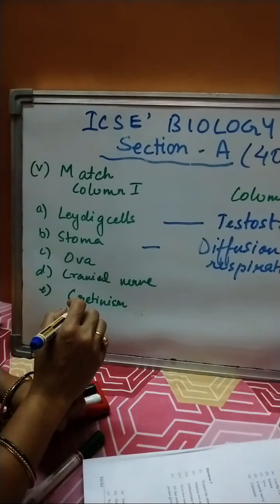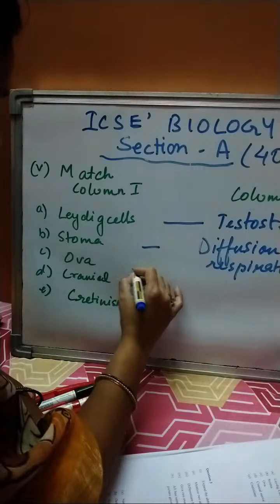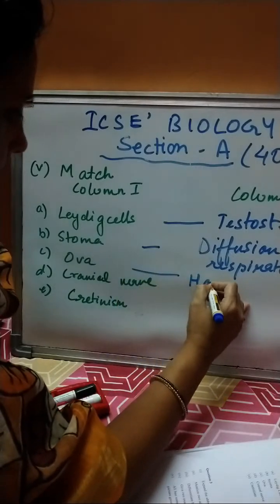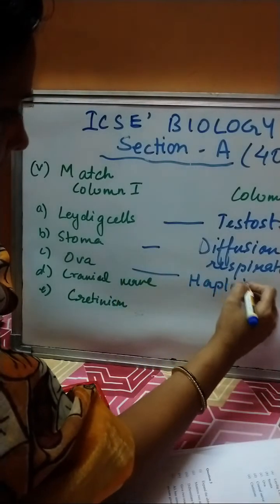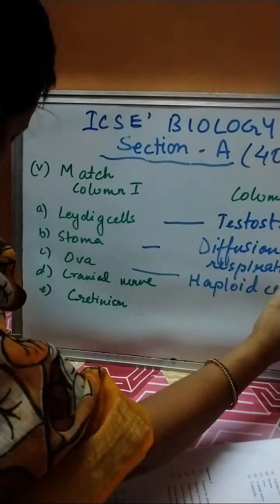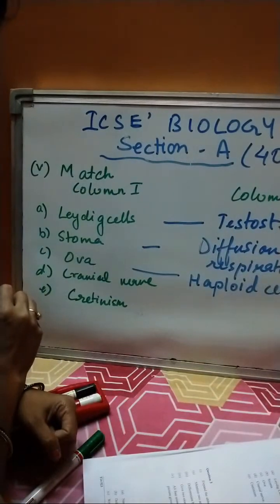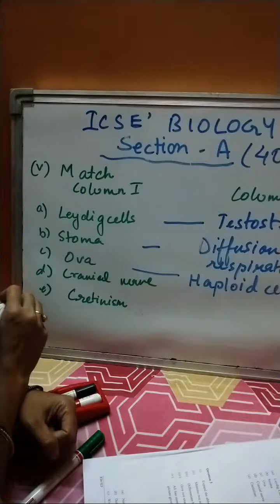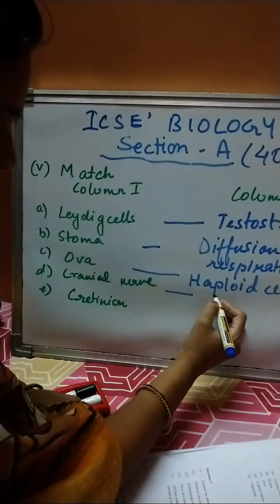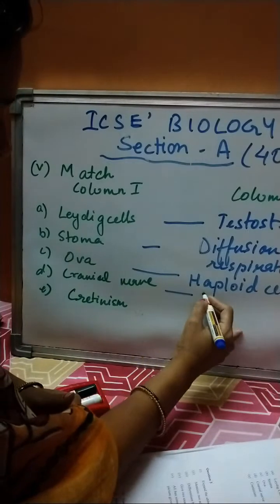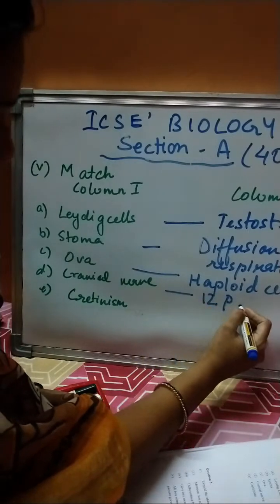Ova, number C, will go with the haploid cells. D, cranial nerve, how many pairs? There are 2 of them given, so definitely it will go with the 12 pairs.